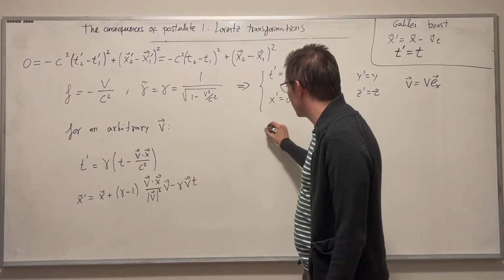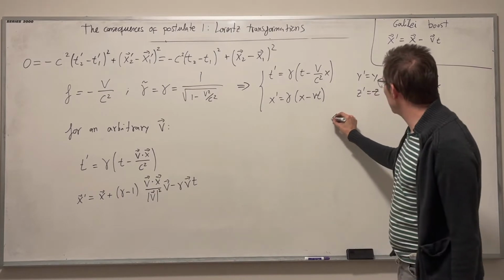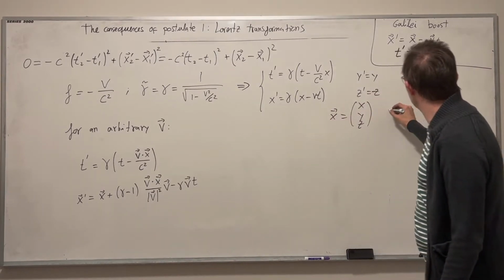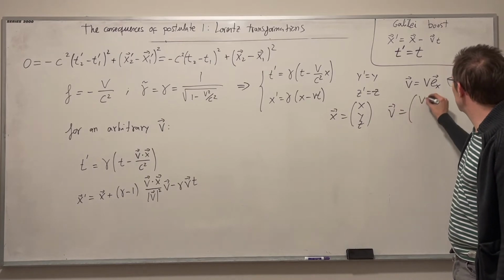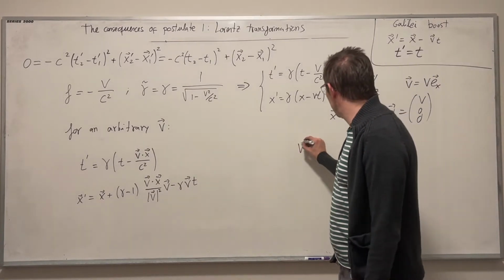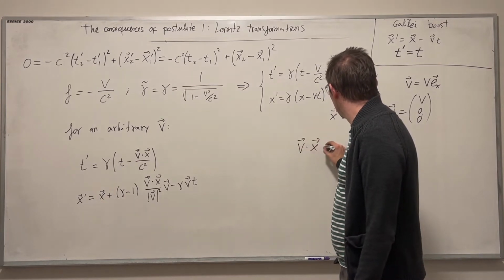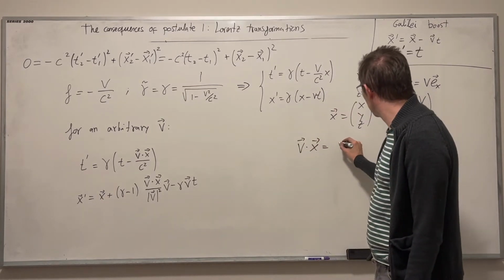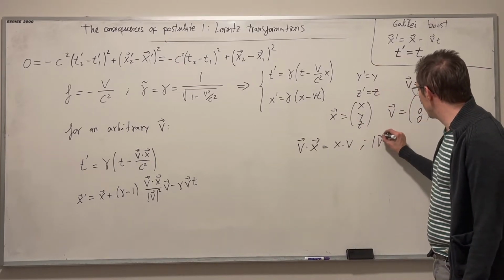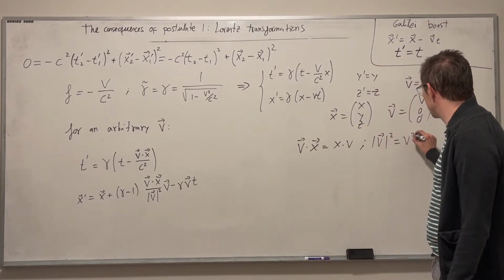Let's compute, in this case, okay, let's just write what x is. x is a vector with coordinates x, y, z. Then v is a vector with coordinates v, 0, 0. Okay? And in that case, we know that v dot x is just x times v. I also know that v modulus squared is just v squared.